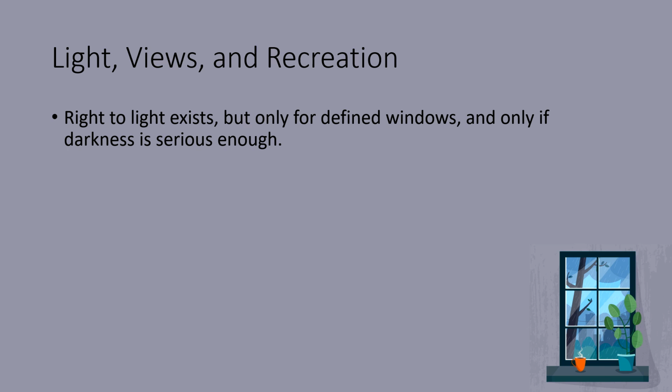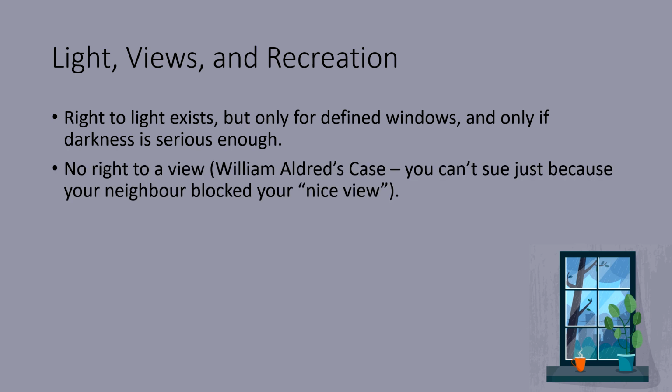But if you say in the easement and the relevant deeds and so on, that you just want to have some light in your living room through one particular window, this would be something that's capable of being understood by everyone. It's really clear, it's defined, and so the easement can exist.